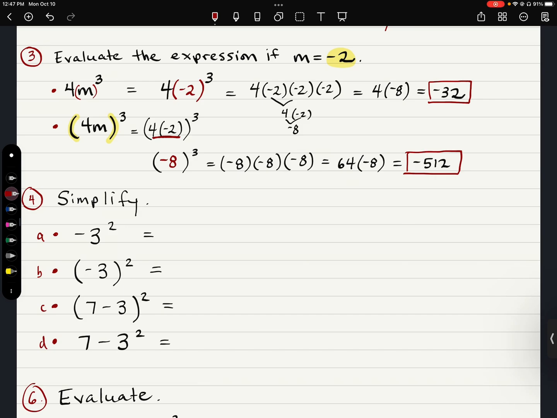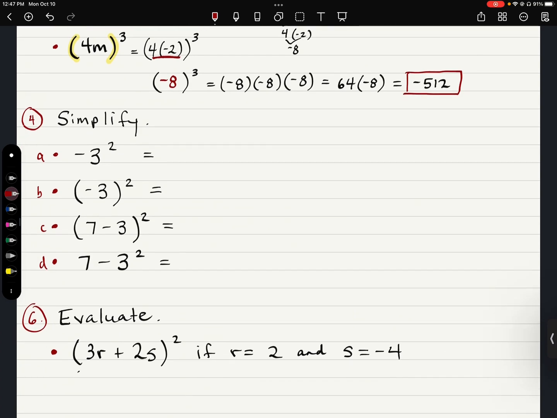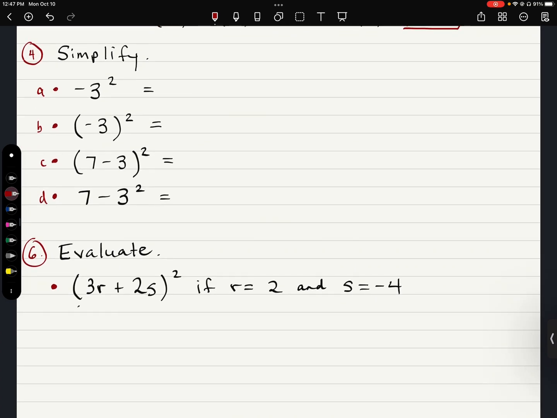Okay, so looking at 4, they're just going to ask us to simplify. So the first two, you see A and B, and this may not be written in the same order on your paper. You might see them written horizontally instead of vertically, but these two problems look very, very similar. One has parentheses and one doesn't.